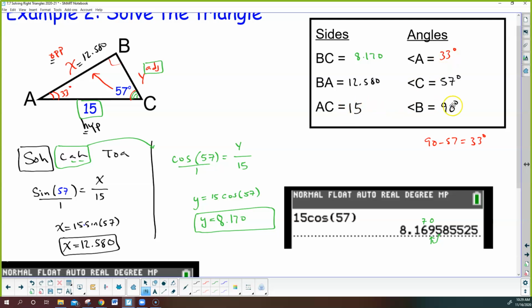And then the largest side is always across from the largest angle. And the medium, middle-ish side length is always across from the middle-ish angle. If for some reason I got like 18 as an answer here, across from the smallest angle, I did something wrong in my work. So that's always something you could check.